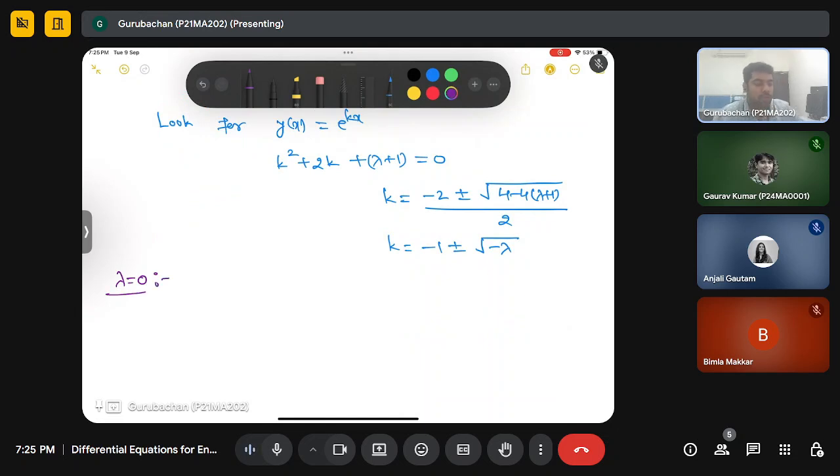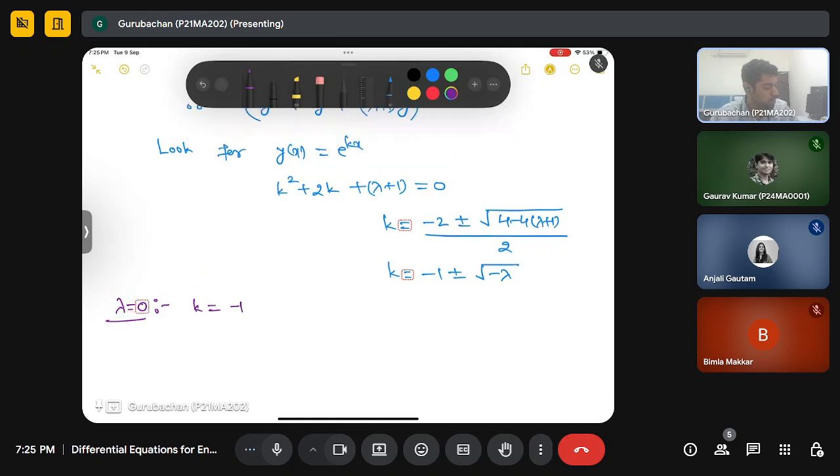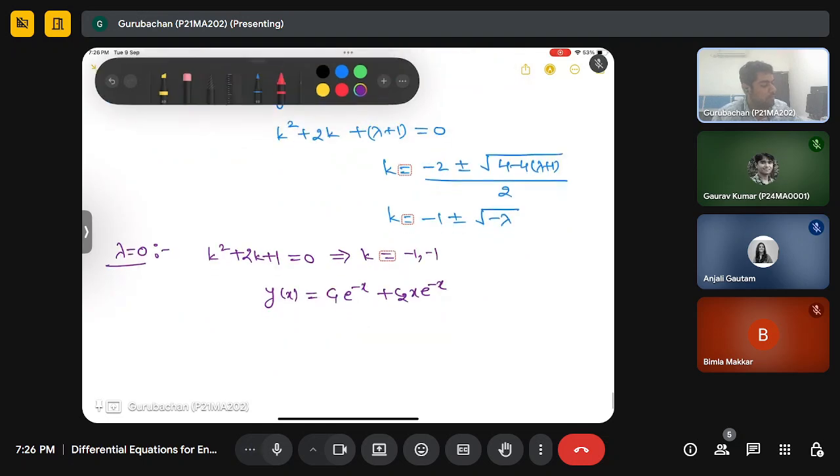When lambda equal to 0, k will give you minus 1, minus 1 two times, since k square plus 2k plus 1 is 0. So this will give you k equal to minus 1, repeated roots. So yx will be c1 e to the power minus x plus c2 x e to the power minus x. These two solutions will be there.